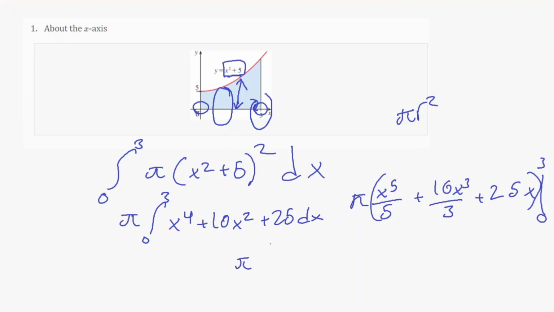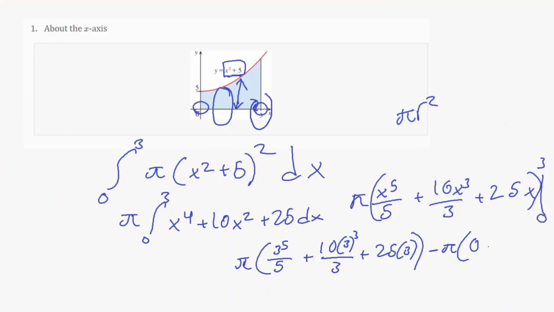So we'll have pi, open parentheses, 3 to the 5th power divided by 5 plus 10 times 3 to the 3rd power divided by 3 plus 25 times 3. And that's going to be minus pi times all of this with 0 plugged in, which would be just 0. 0 to the 5th power over 5 is 0, plus 0 plus 0. 0 times pi is 0, so all this is just 0.